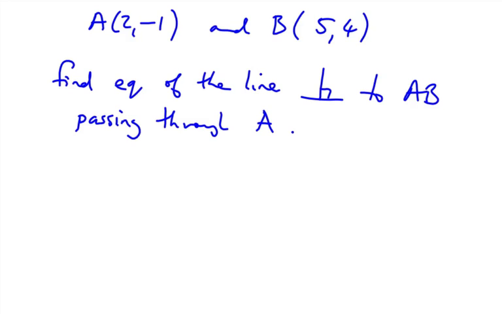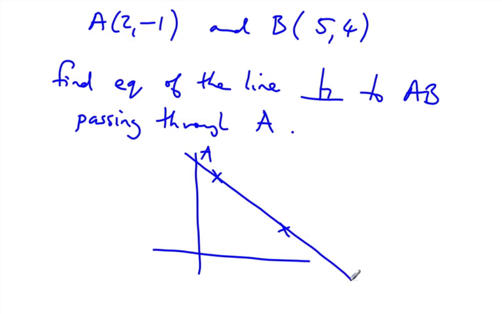There's the question. We've got 2 points. We've got A and B somewhere. Just imagine you've got A and B, 2 points. What we're going to do is work out the gradient of AB, which enables us to work out the gradient of the perpendicular.